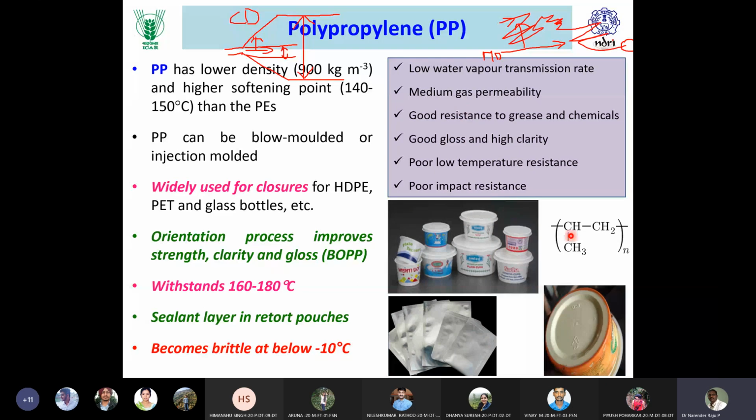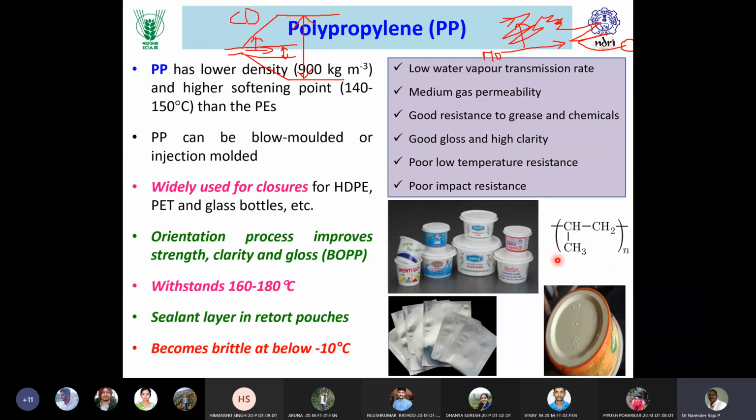That means if you look at the side chain of this material, you see that the methyl group is on the side. And if you look at the large polymer, the arrangement of this side chain CH3 in the entire polymeric chain could be random. So it could be sometimes above the plane or below the plane, right? Such a random side chain arrangement of polypropylene is called atactic polypropylene.